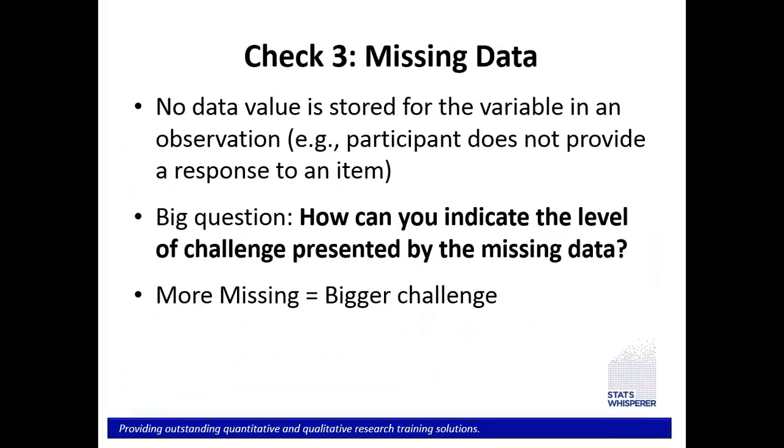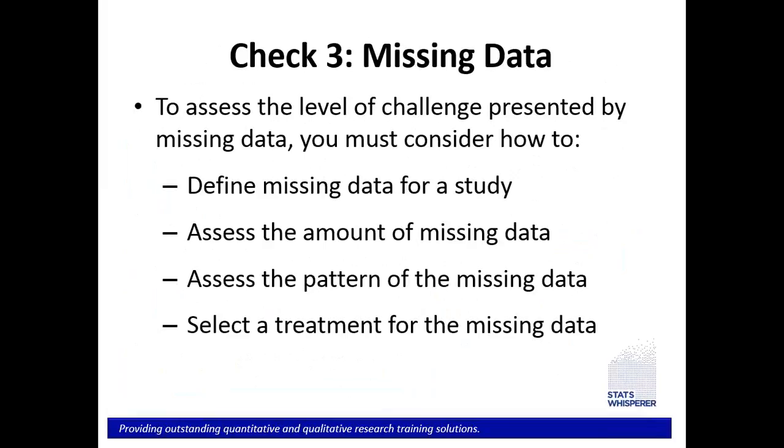So one of the big questions we need to look at is, how can you indicate the level of challenge presented by missing data in a study? In general, the more data that are missing, the bigger the challenge. Now to assess the level of challenge presented due to missing data, you need to consider these 4 things.